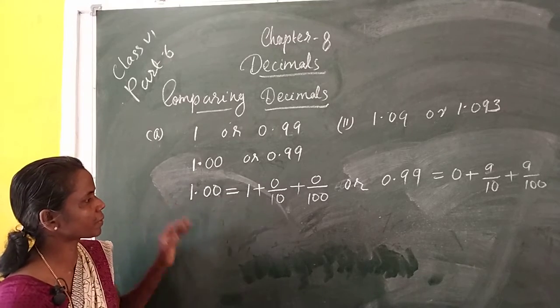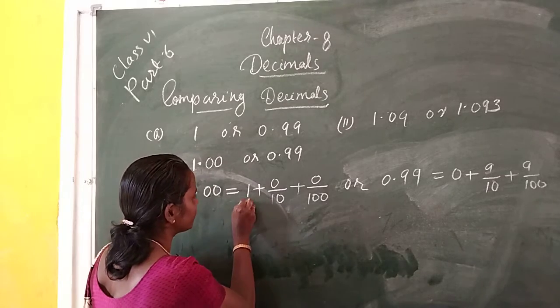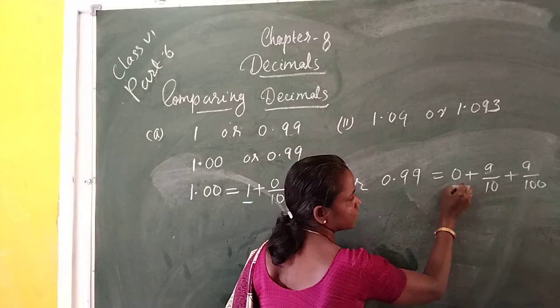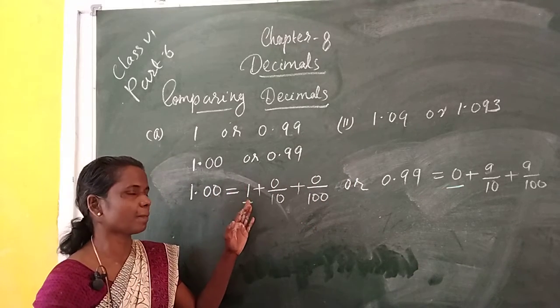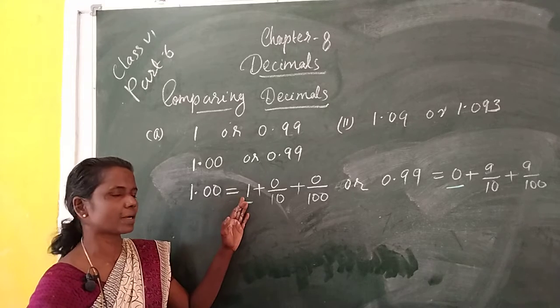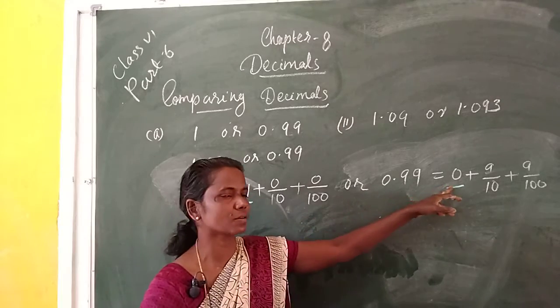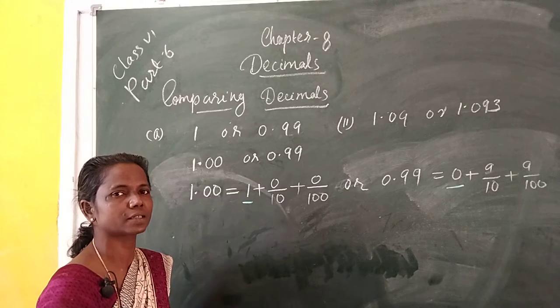Here the whole number part of the first number is 1 and of the second number is 0. First we compare the whole number part of the decimal numbers. So which number is greater?